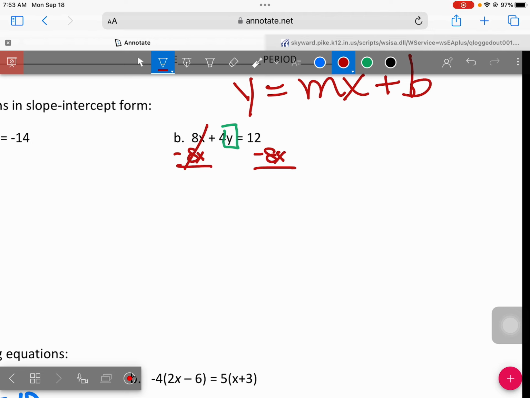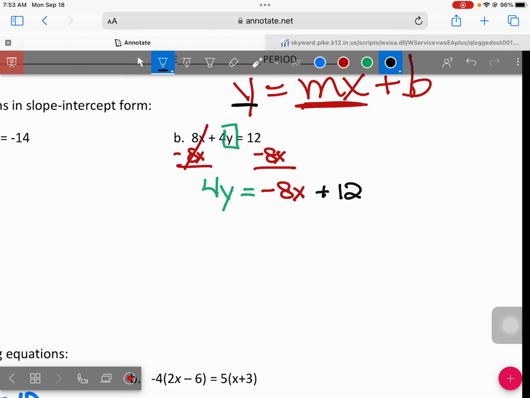These cancel out, and I have 4y equals, can I combine the 12 and the 8x? No. So I'm going to write the x term first because it's right after the equal sign: negative 8x, and then a positive 12. Now, I don't want 4y, I just need 1y.